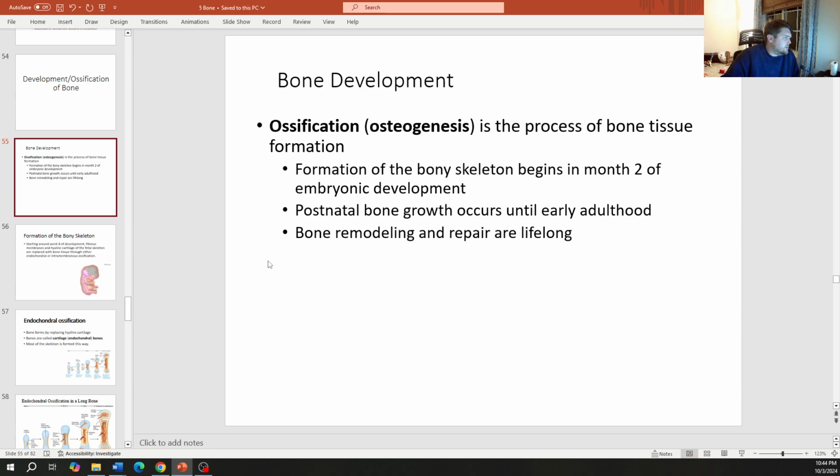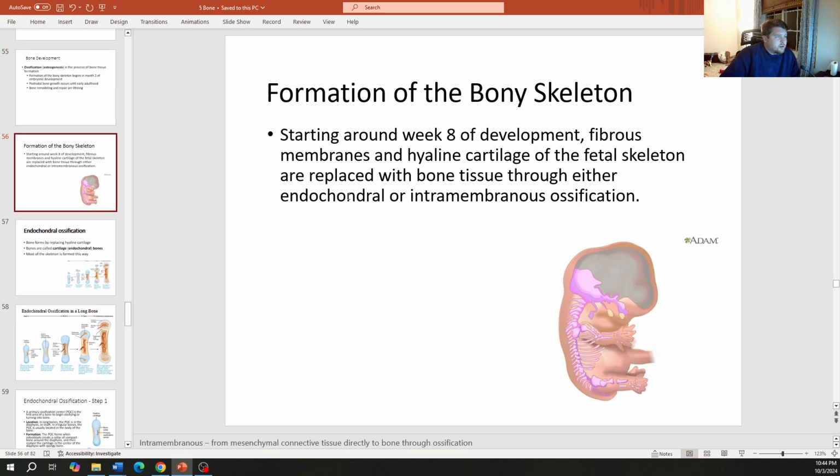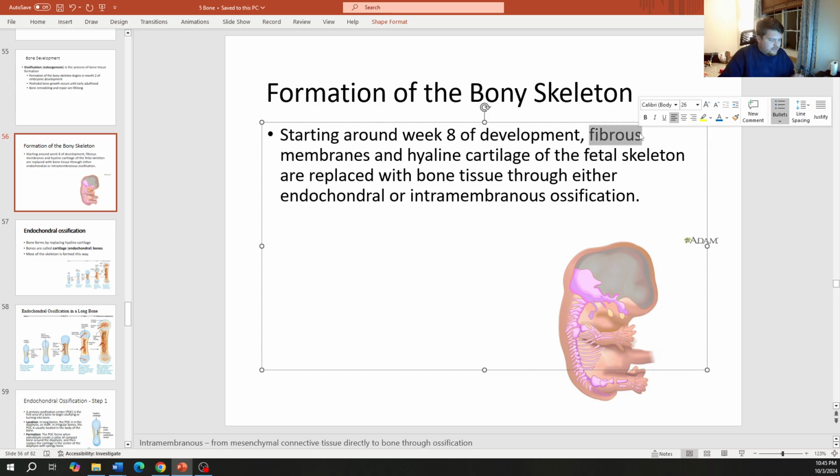I think this PowerPoint says 8 weeks, but it's 6, 7, 8 weeks within that range that ossification actually starts to occur. So at 8 weeks of development, you have the fibrous membranes and hyaline cartilage of the fetal skeleton. We'll look at both of these, fibrous membranes and then hyaline cartilage, the two different types.